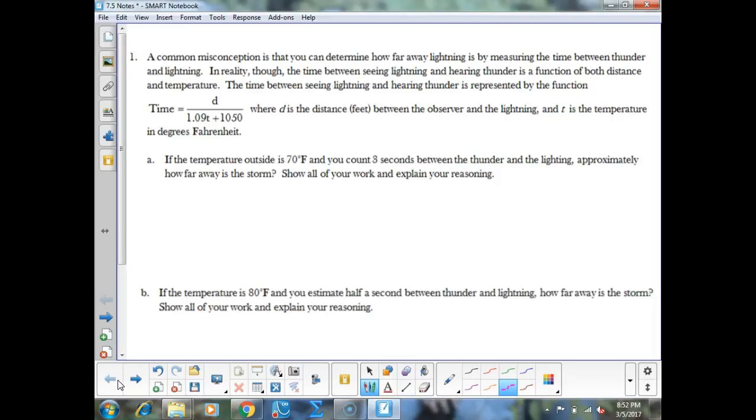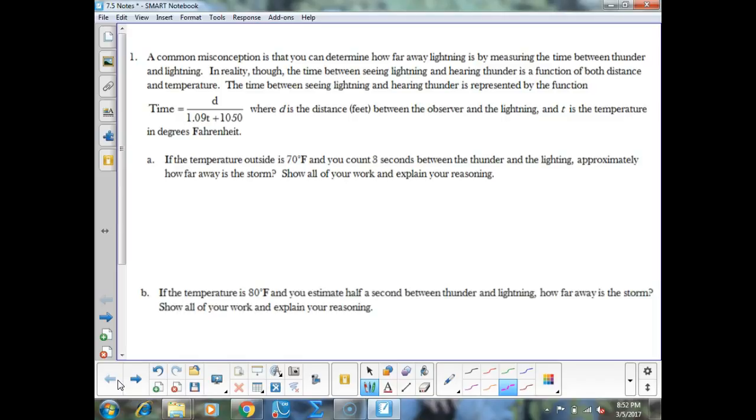A common misconception is that you can determine how far away lightning is by measuring the time between thunder and lightning. In reality, though, the time between seeing lightning and hearing thunder is a function of both distance and temperature. My grandma taught me to count seconds after the flash, and for every 5 seconds, that was a mile, because sound travels roughly at 1,100 feet per second.